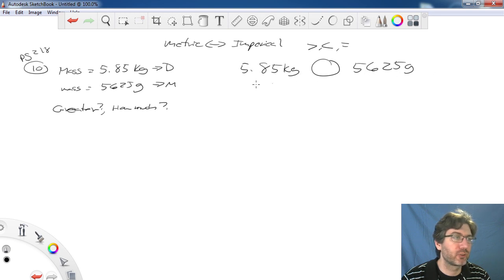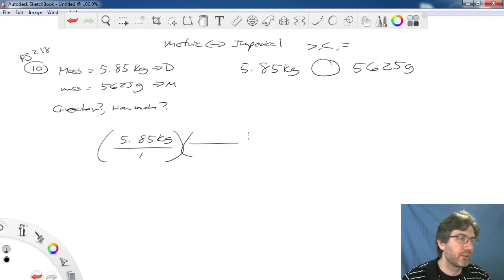What are we doing? So we're either converting this to kilograms or we're converting this to grams. So your choice, and then we can compare, but they need to be the same units. So let's go ahead and take the 5.85 kilograms and make it into grams. I need kilograms to cancel, and I need grams on top.